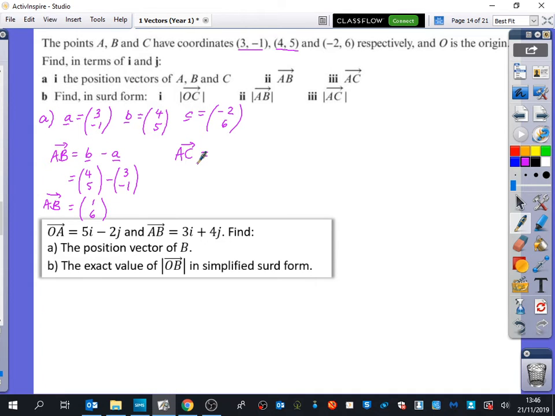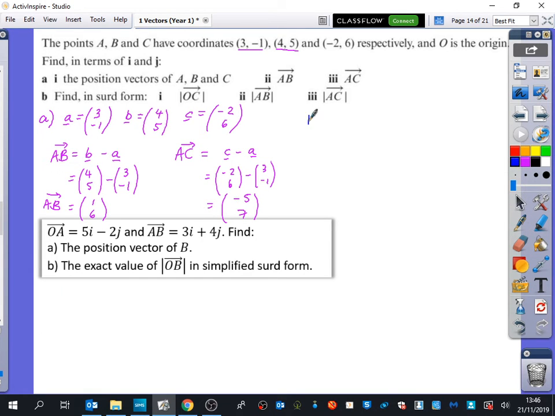Saeed, what would the calculation be to find out AC? Good, it would just be C minus A. So now I'm just going to put in the C vector, and I'll take away the A vector. And what should these be? I've got minus 2, minus 3. And then 6 minus minus 1. Good. So we have 5, 7. That's the whole of part A done.